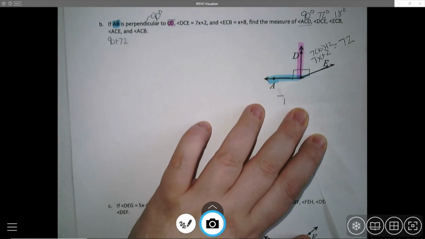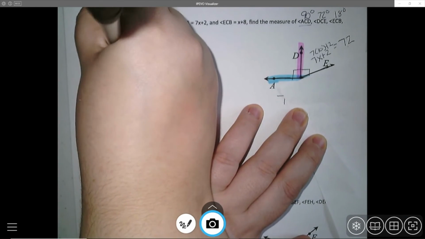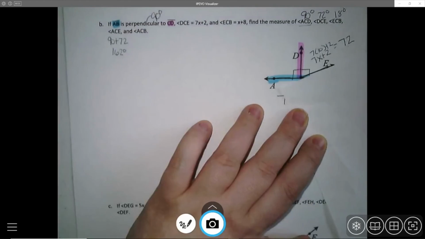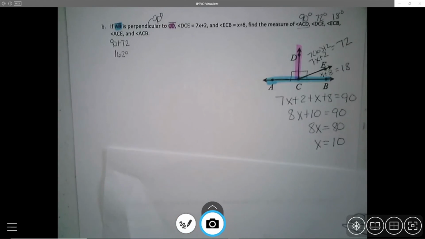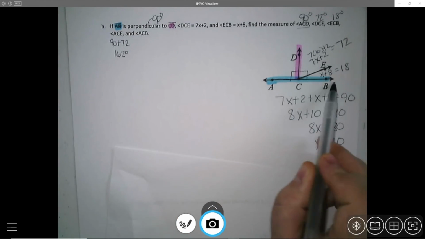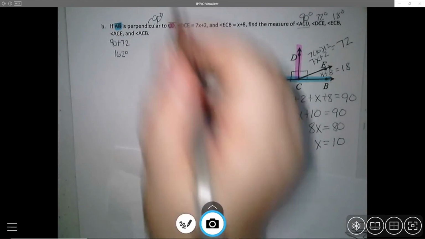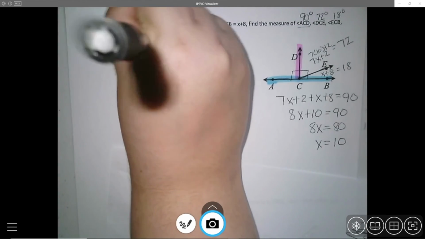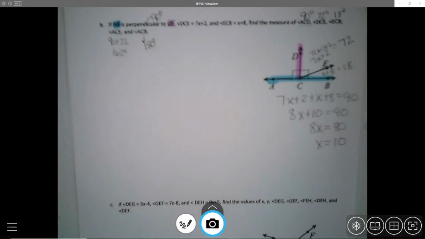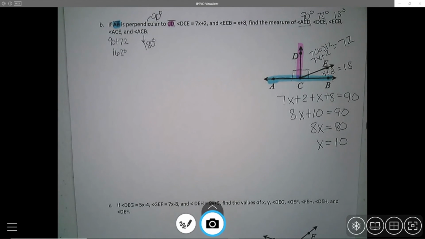So I'd have 90 plus 72 to give me 162. And then ACB. ACB is a straight line at the bottom. If angles form a straight line, remember those are straight angles, so they're 180 degrees. A lot of these problems involve marking the picture and covering up pieces if you have to see certain pieces of information.